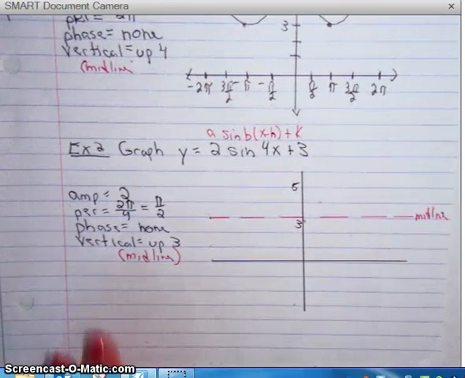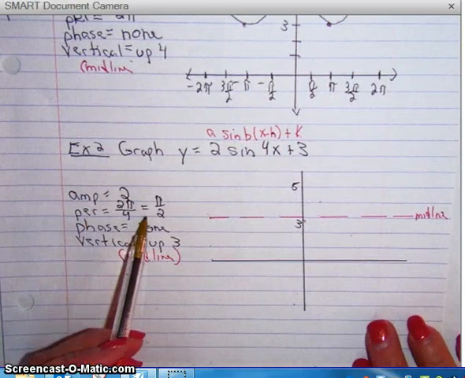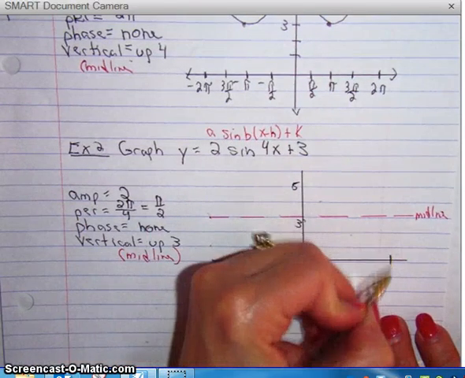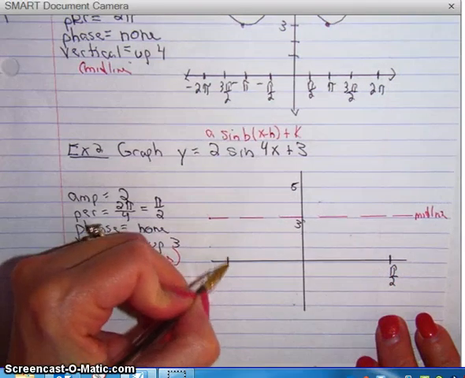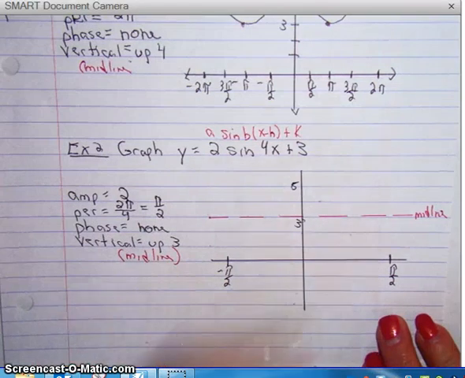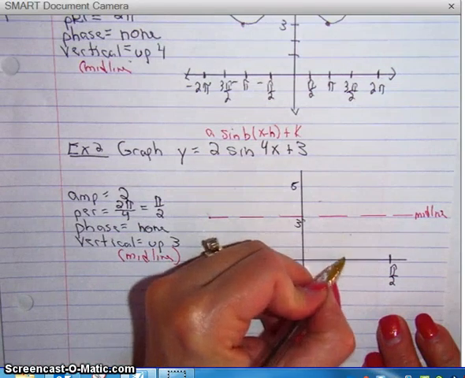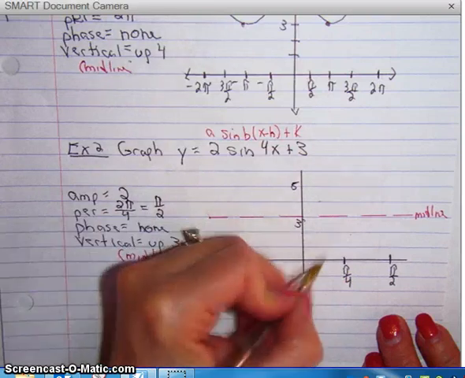Okay, and then let's scale our x-axis. So period is pi over 2. So let's put pi over 2 here. And let's put negative pi over 2 here. Okay. First halfway point, gang. Pi over 4. Next halfway point.